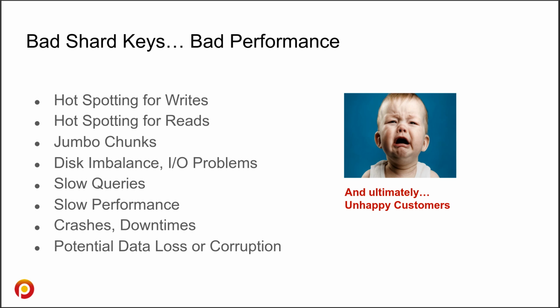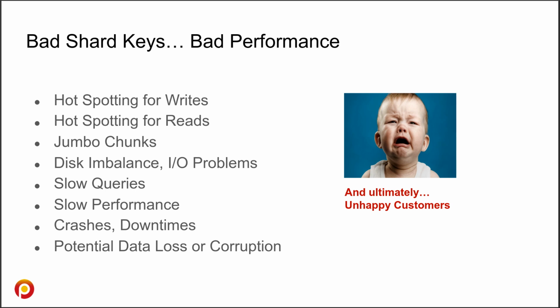Because again, you could be primarily reading from one shard, or on the converse side, you could be doing a lot of scatter gathers if you're using a hash shard key, which has its own pros and cons, and which can lead to slow performance, crashes and downtime.